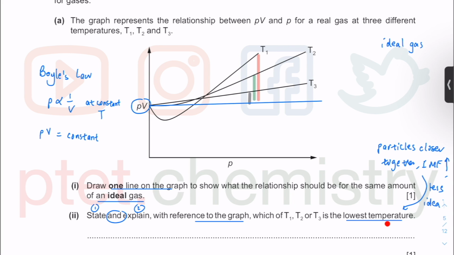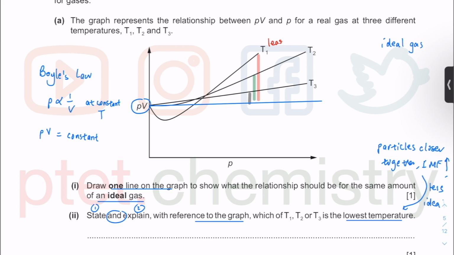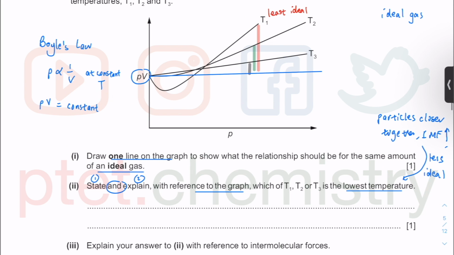The lowest temperature means the particles will be closest together, intermolecular force would be the strongest, and therefore is the least ideal. The least ideal would be the red color one, because that will be the one that deviates the most from the ideality assumption. Okay, so T1 is going to be the lowest temperature based on what I have said.